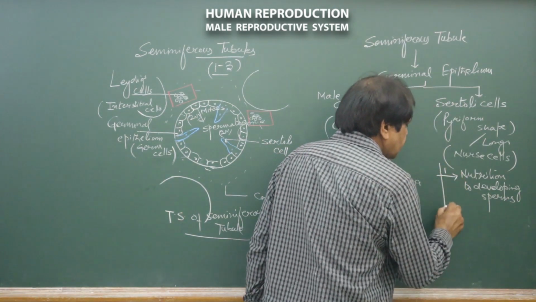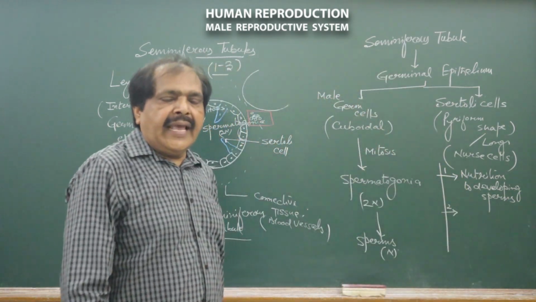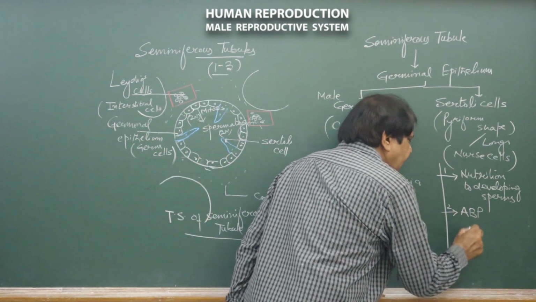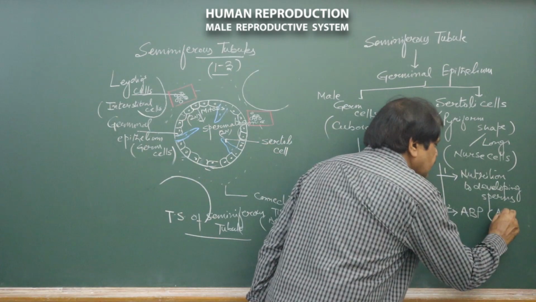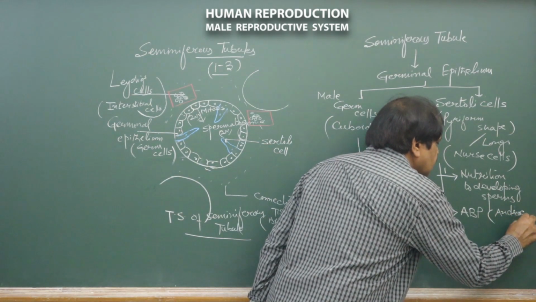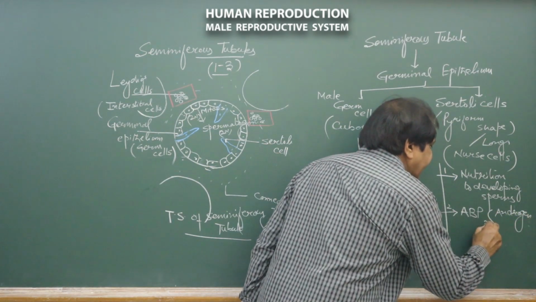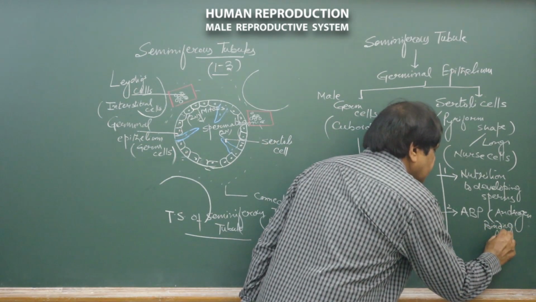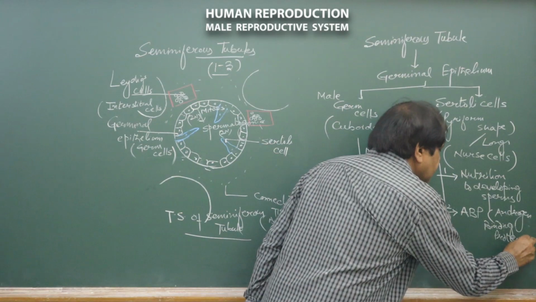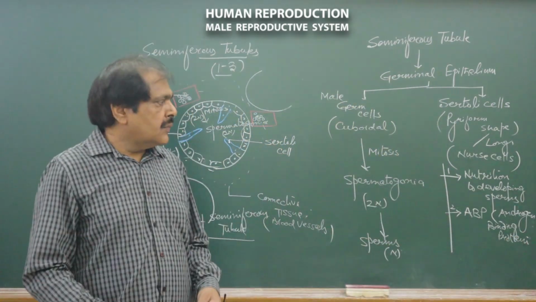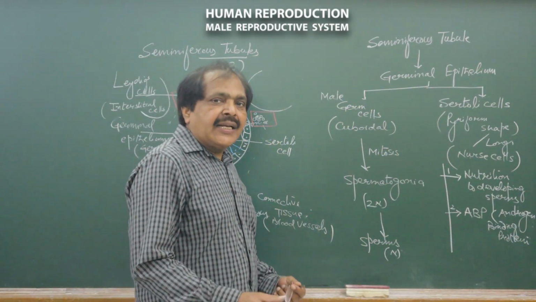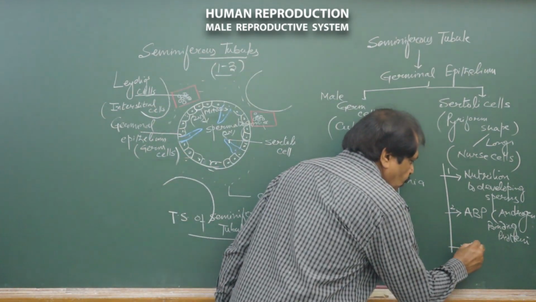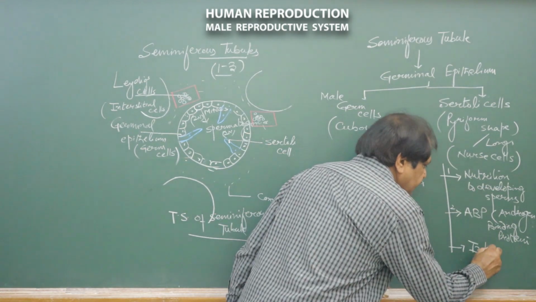Number two, they produce ABP, androgen binding protein. There is another protein which is produced by the Sertoli cells that is known as inhibin.